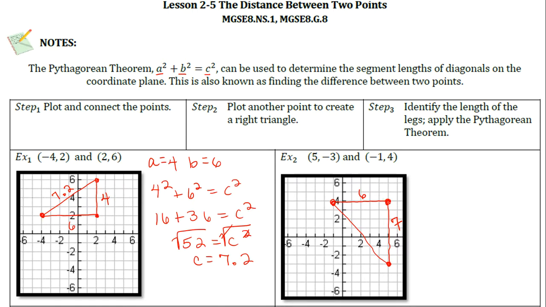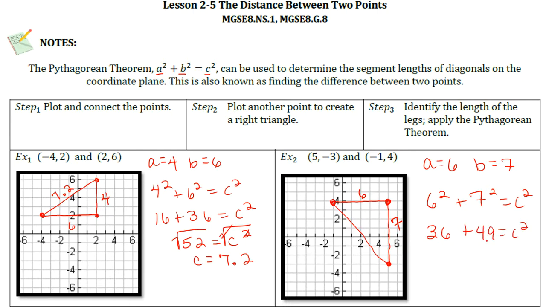Okay, that's super important to be able to find the leg measurements when you do not have a graph. So let's let A be 6 and B equal 7. We have 6 squared plus 7 squared is equal to c squared. 36 plus 49 equals c squared.